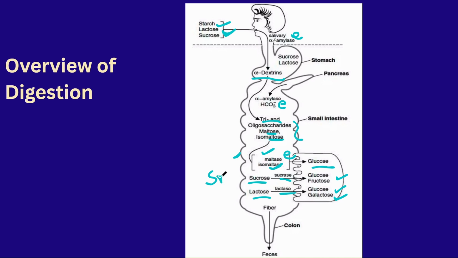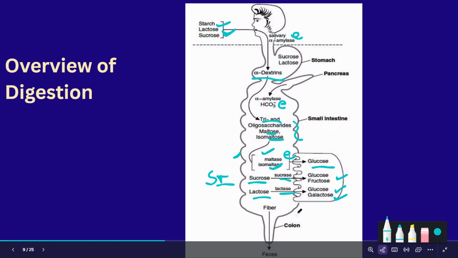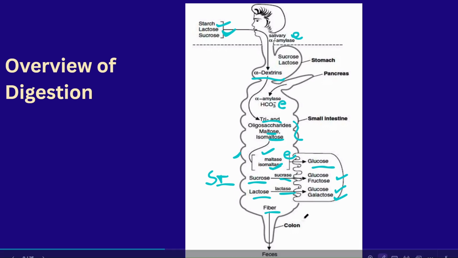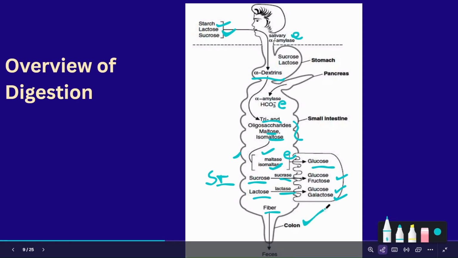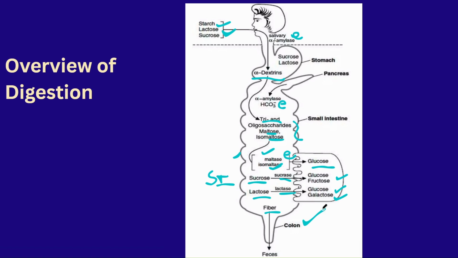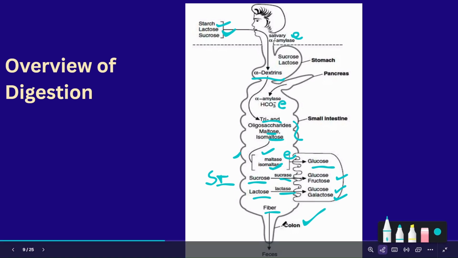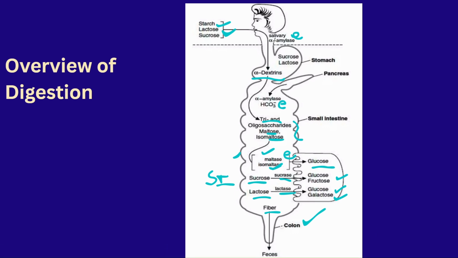The remaining end product that goes out of our body is fiber. The fiber is not digested in our body. It can be broken down by microorganisms in the colon. Again, the remaining undigested food is removed in the form of feces, the solid waste material.